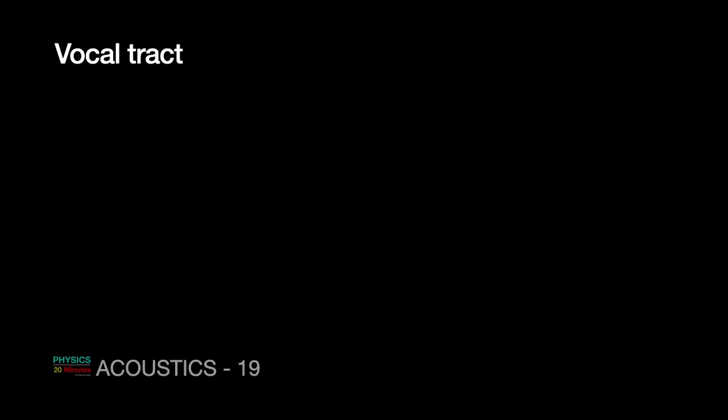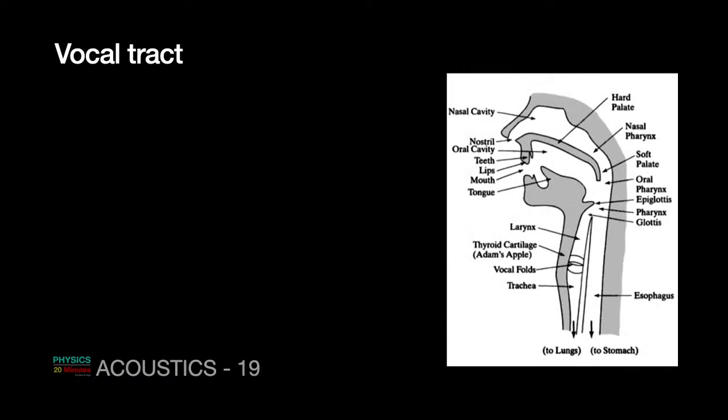So what is the vocal tract? We are all familiar. The vocal tract extends from the human mouth and goes below somewhere in the neck region, towards the lungs. Here is the mouth. The nasal or nostril cavity is a part of the vocal tract.